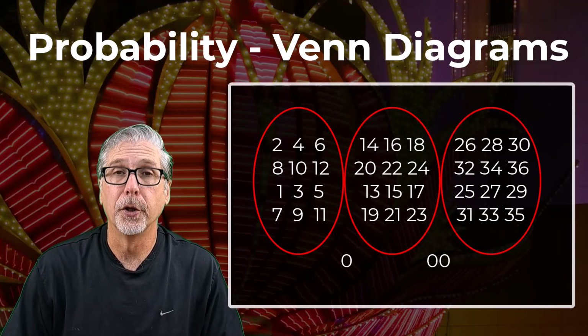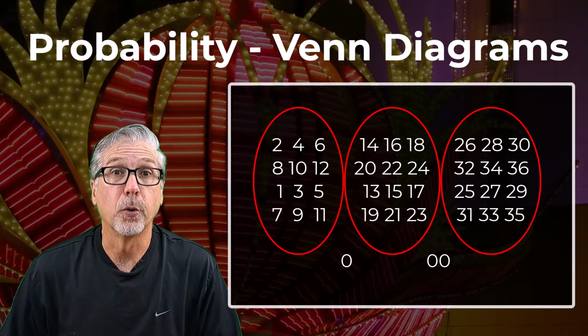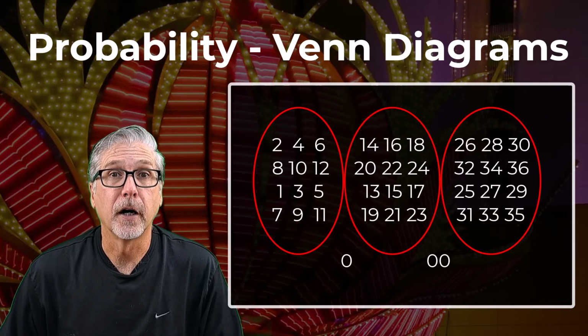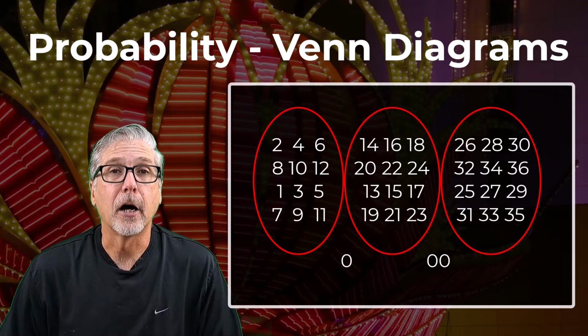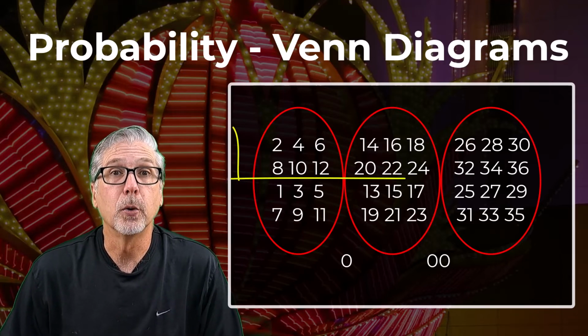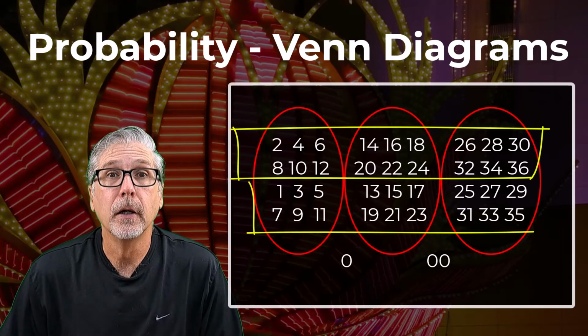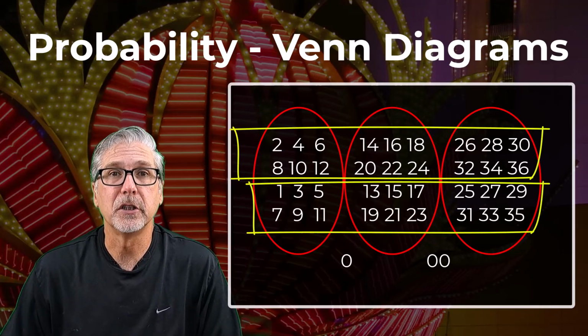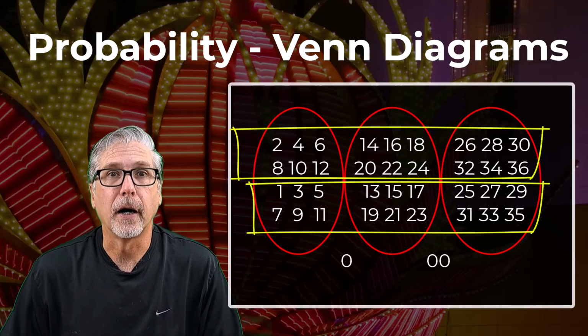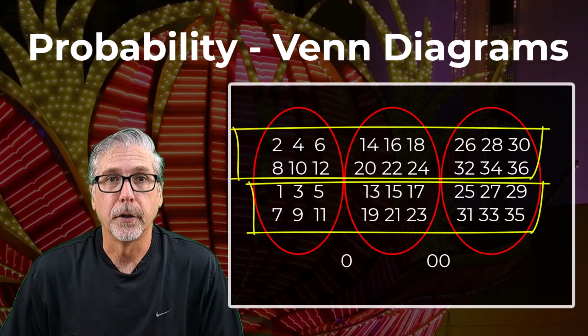So the first third would be 1 through 12, second third 13 through 24, and then 25 through 36. And so I can put a circle around the different thirds. And now I'm going to include whether the number was even or odd. So I'm going to use a rectangle now, and I'm going to indicate the even and the odd. These Venn diagrams are useful to see how different events or outcomes relate to one another.